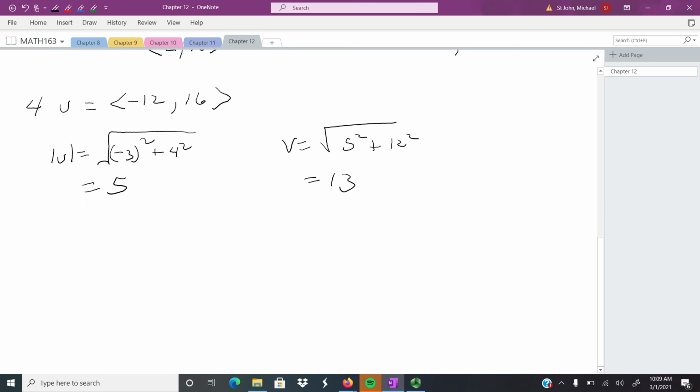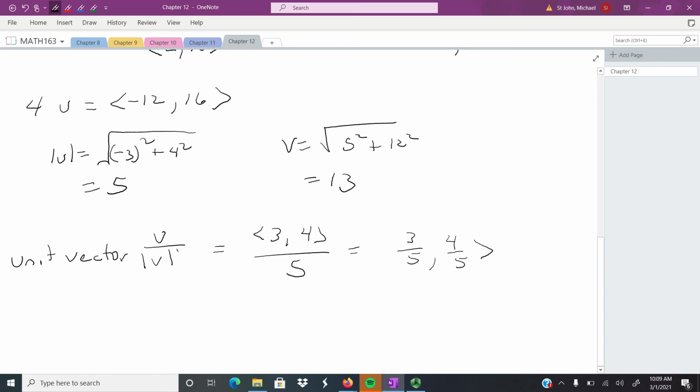We could also find the unit vector, which is given by the vector divided by the magnitude of the vector. So in the case of vector u, this would be the vector minus 3, 4 over 5, which would give me minus 3/5, 4/5.